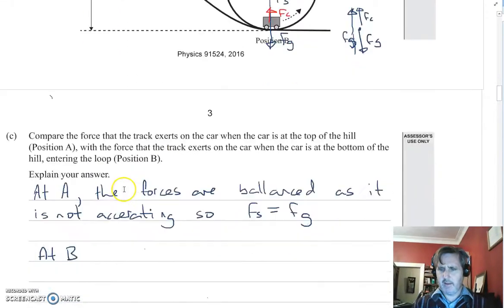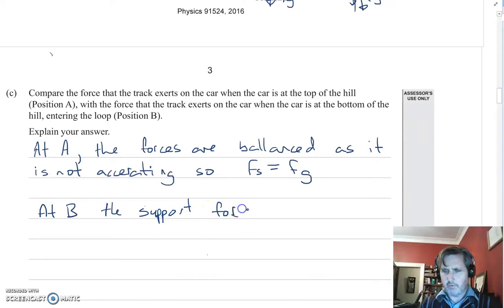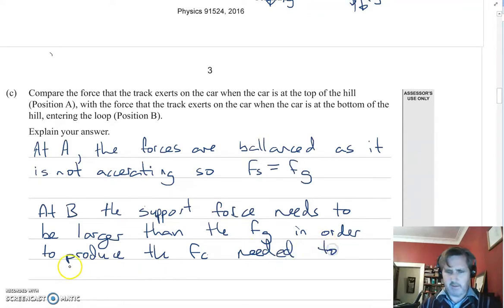So here all that we need to say is that at B, the support force needs to be larger than the Fg in order to produce the centripetal force needed to make the cart turn.